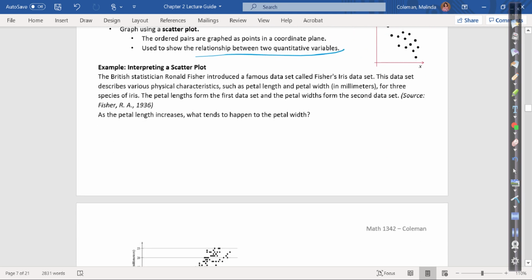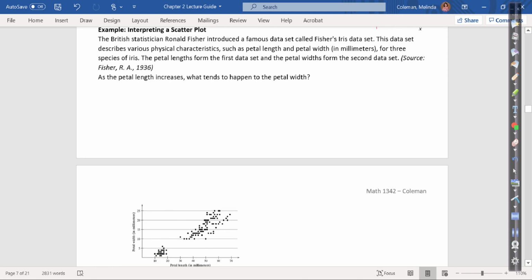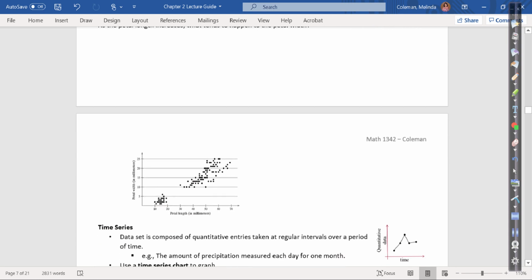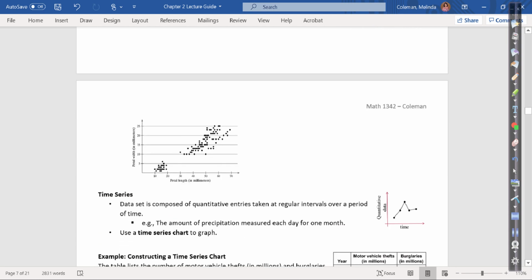So our example says a British statistician introduced a famous data set called Fisher's Iris data set. The data set described various physical characteristics such as petal length and petal width in millimeters for 3 species of iris, the petal lengths from the first data set and the petal widths from the second data set. As the petal length increases, what tends to happen to the width? So again, they're plotting each point that compares petal length to petal width.